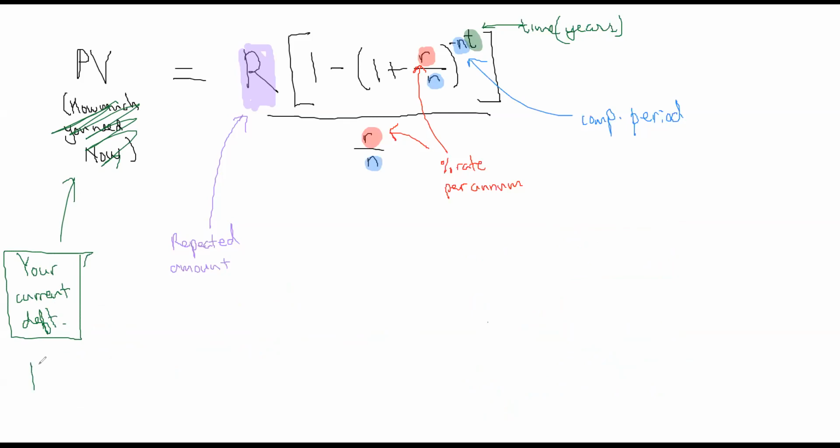So, the present value of your debt. The rate is the same that you are charged. The amount of time is the same. Instead of being paid out by retirement, you're paying the bank back. There's a compound period. The repeated amount isn't how much you're getting paid by the bank. The repeated amount is how much you're paying the bank.